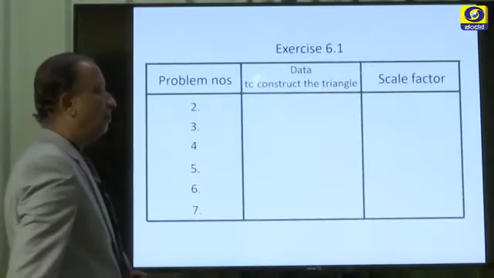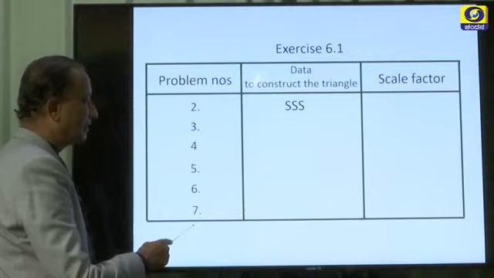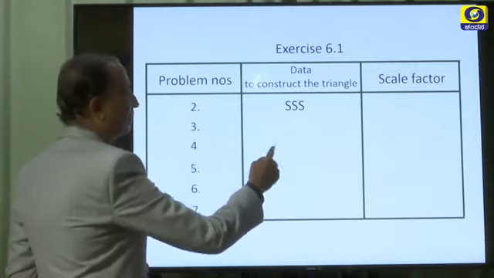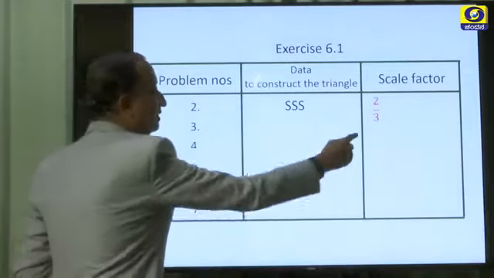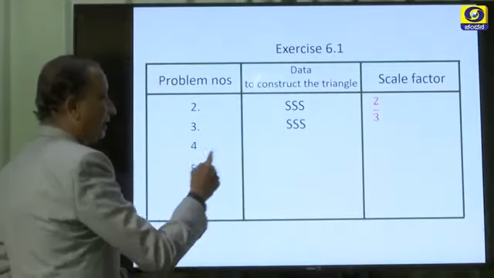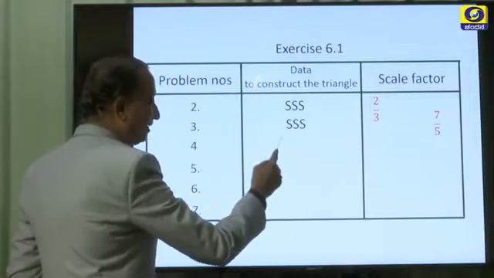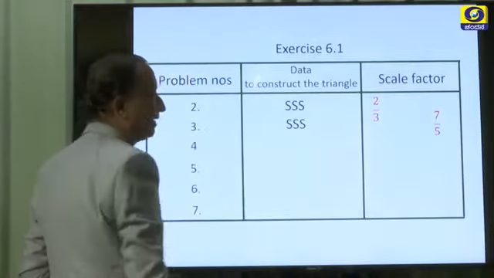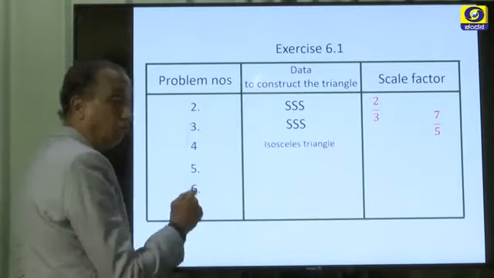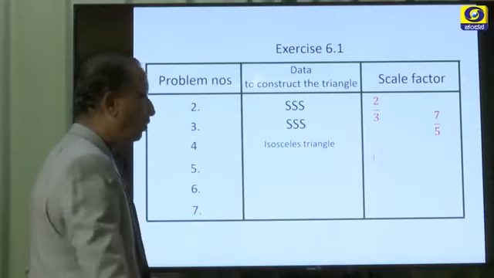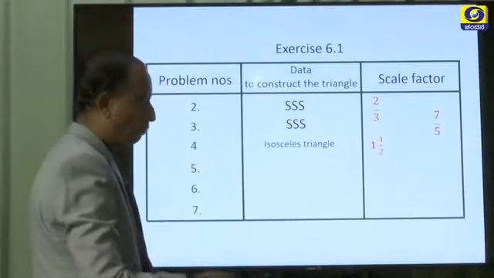So in exercise 6.1, look at these problems. In the second problem, the measurements of 3 sides are given and the scale factor is 2 by 3. In the third problem also, the lengths of 3 sides are given and the scale factor is 7 by 5. The fourth one is an isosceles triangle construction with the scale factor 1.5 times.